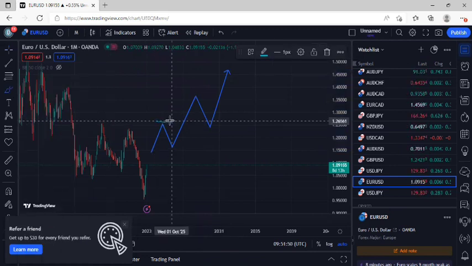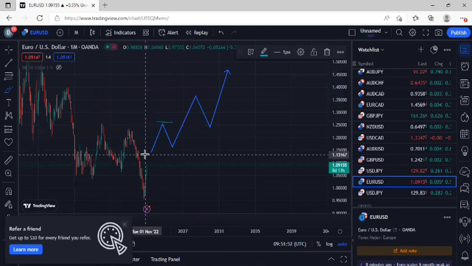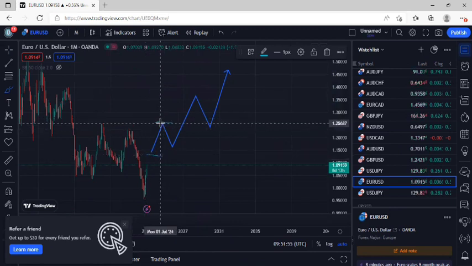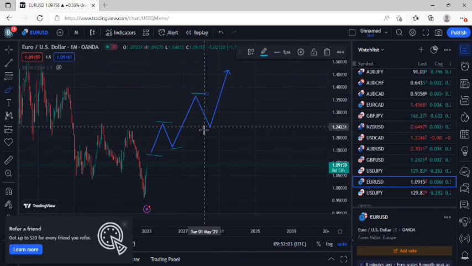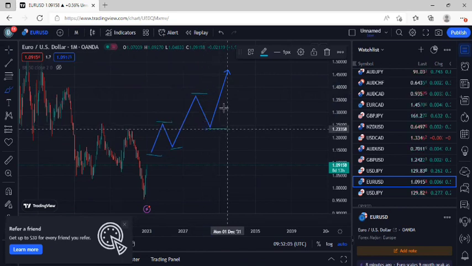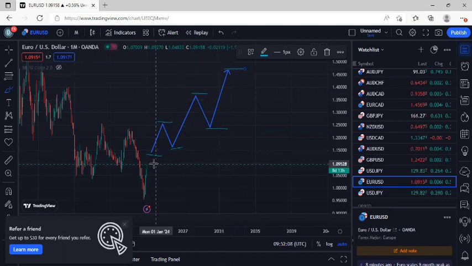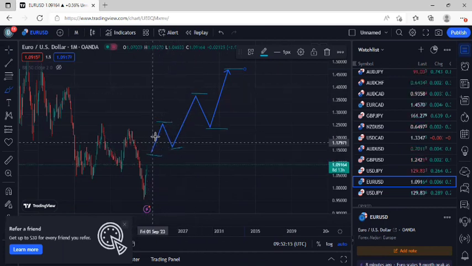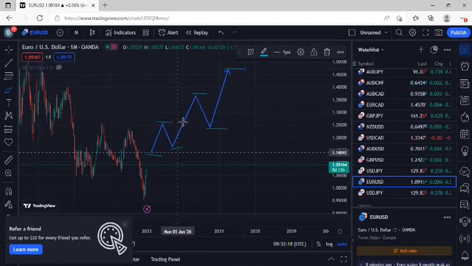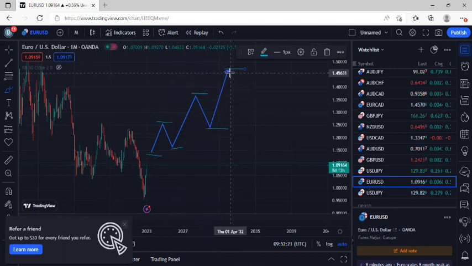Here you have a low, here a high, here another low, another high, another low, and another high. So we call this the low, the high, the higher low, the higher high, and so on. How do you use this to determine the trend of the market?